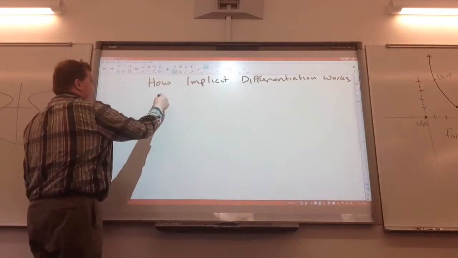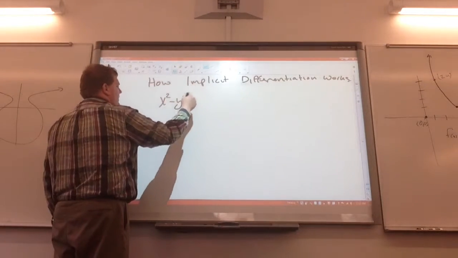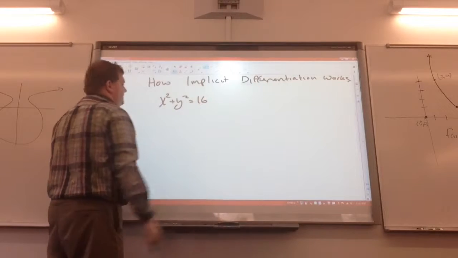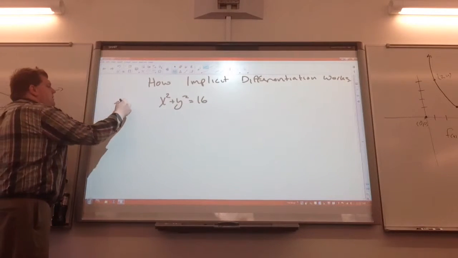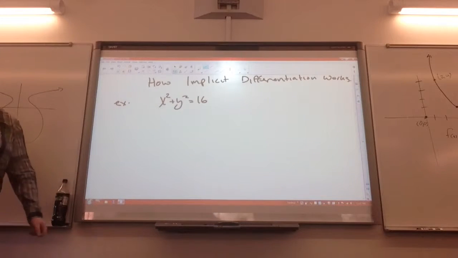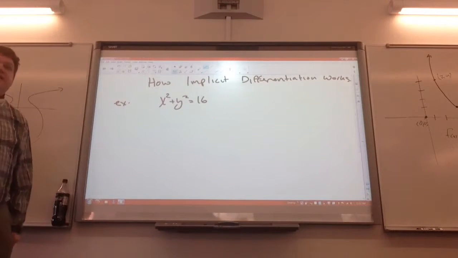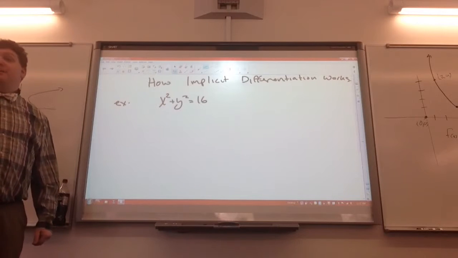So, we'll do our first one: x squared plus y squared equals 16. That circle. Now, here's our example problem. Basically, what you want to do first, a lot of times in these equations, is determine what you're going to make your dominant variable.